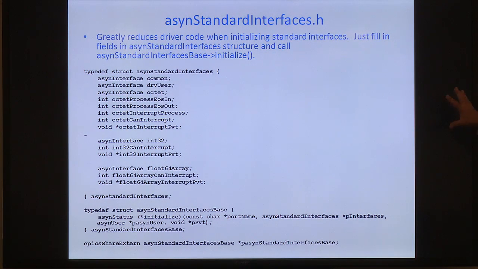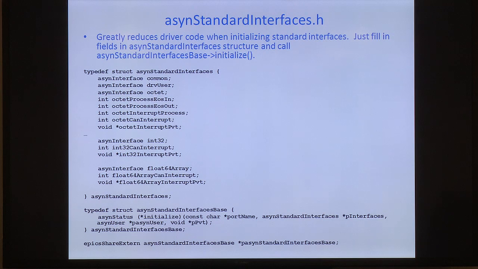So there's a structure that you can use. If you write a driver using the C code rather than the C++ code that I'm going to talk about later this morning, there's a lot of busy work because you have to register the port, you have to register every interface, you have to register can that interface do interrupts or not. For every one of those calls you make, you got to check the status return and print an appropriate message.